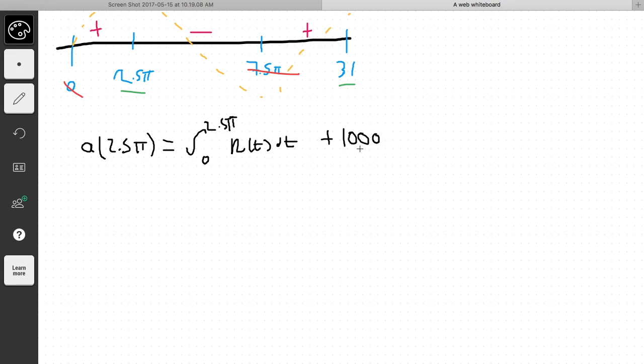If we use our calculators again, we end up finding that this number is 1,039.357.